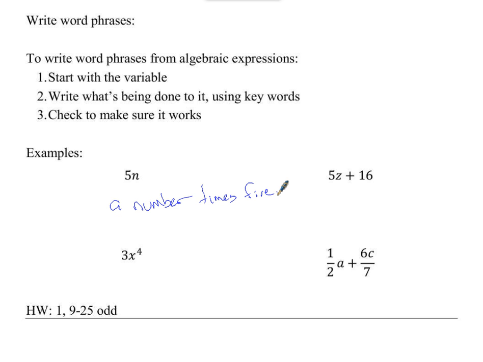Or maybe somebody could have written down, I'll just do another one up here, 5 times a number. Does that say 5n? Yes. Okay. So go back and check to make sure that what you wrote down makes sense for what the original problem was, and you shouldn't have any trouble with doing something like this.